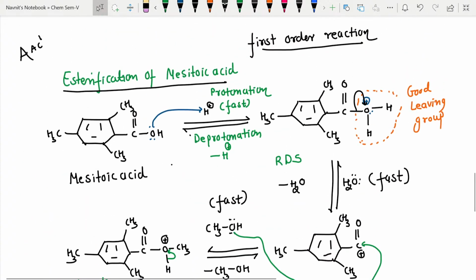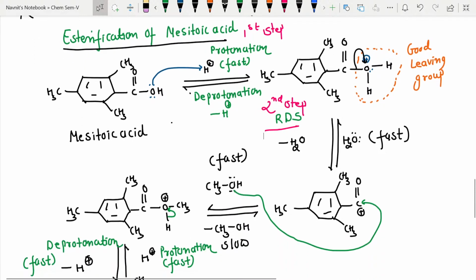Again, if you observe, this is the first step and this is the second step. The second step is the rate determining step, and in the rate determining step only one species is involved, that is the protonated acid.